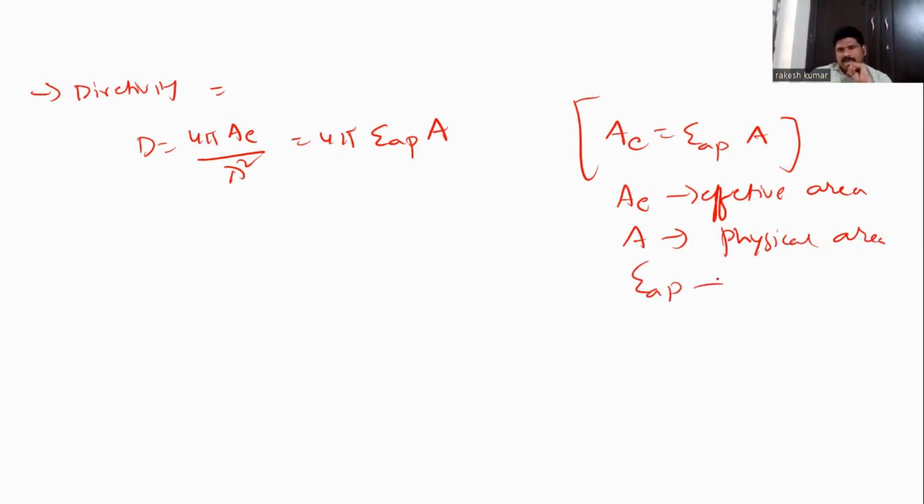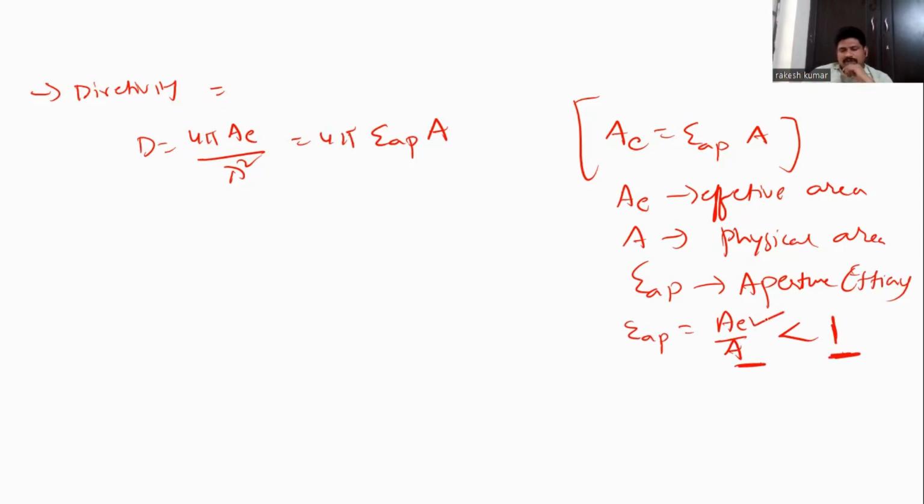Epsilon AP is the aperture efficiency. Aperture efficiency means the ratio of effective area to physical area. Its value is always less than 1, because the physical area is always more than the effective aperture area.